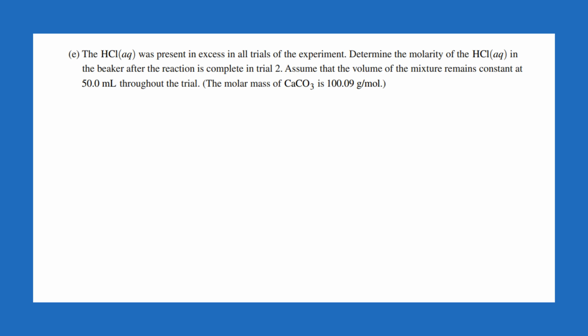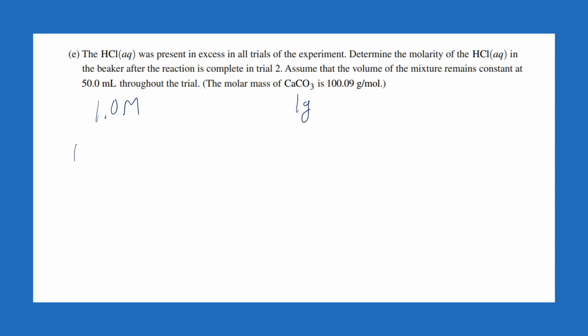Okay, so the HCl was in excess in all of the trials. Determine the molarity of HCl in the beaker after the reaction is complete in trial 2. Assume that the volume of the mixture remains constant at 50 milliliters throughout the trial. We had 1 gram of calcium carbonate being mixed with the 50 milliliters, and in trial 2, that was 1 molar HCl.